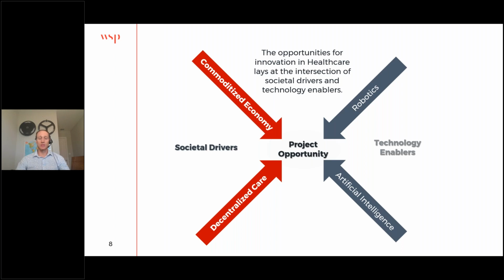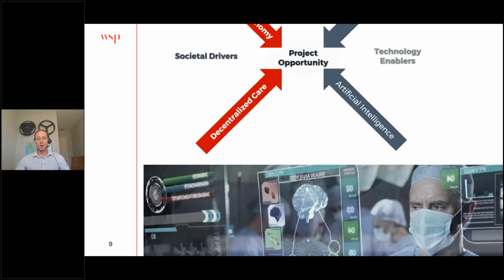A decentralized form of care, and on the flip side, we have increased use of and development in robotics and AI providing optimization. So these are the forces that play out, but we can either view them as challenges or we can view them as an opportunity.